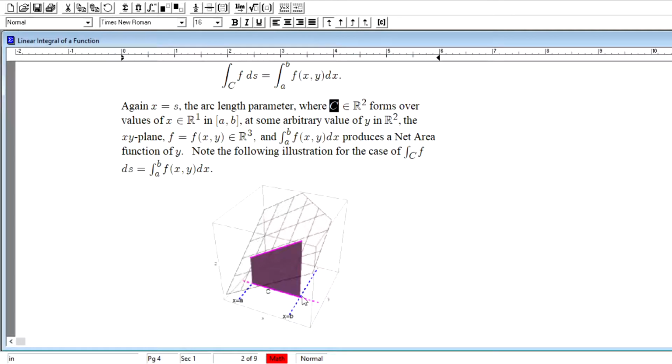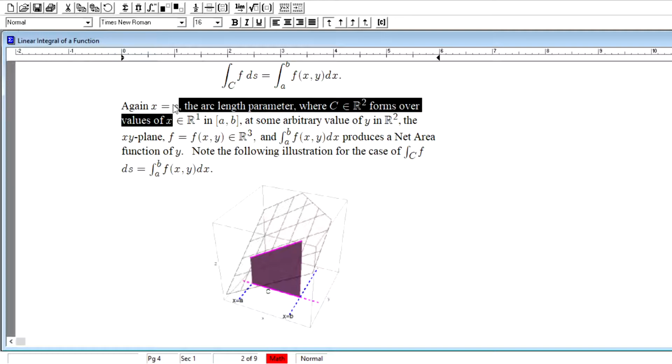It's happening in this 2-dimensional region of space, and it forms over values of x that exist in 1 dimension, from the value of x equal to a up to this value of x equal to b, where this value of x is equivalent to length in this space. It is, in a sense, equal to the arc length parameter.